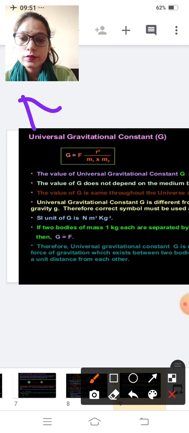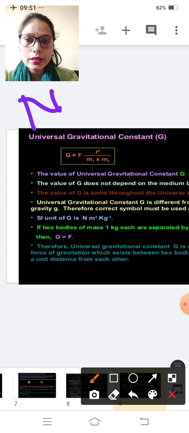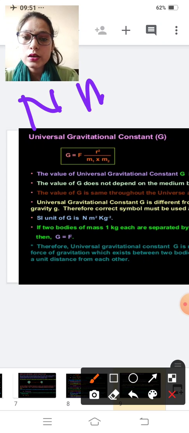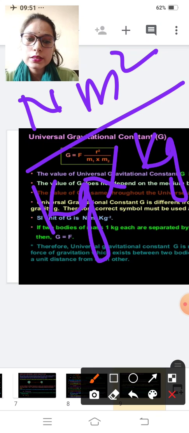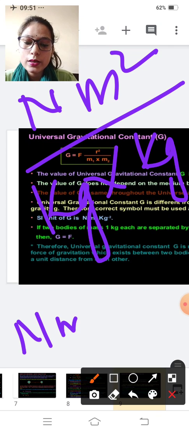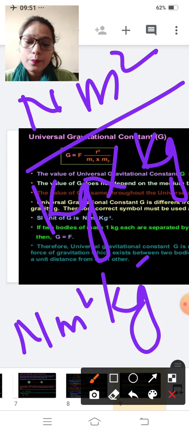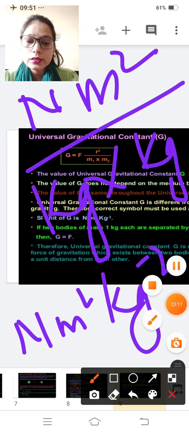It is Newton. What is the unit of radius? It is meter, but here it is radius square, so meter square. Now m1 into m2, mass in kg, that means kg square. So Newton meter square per kg square. Is this clear to you?